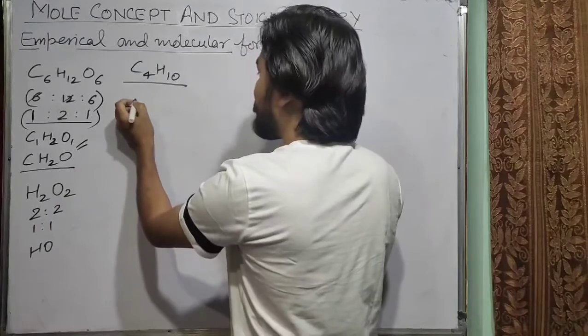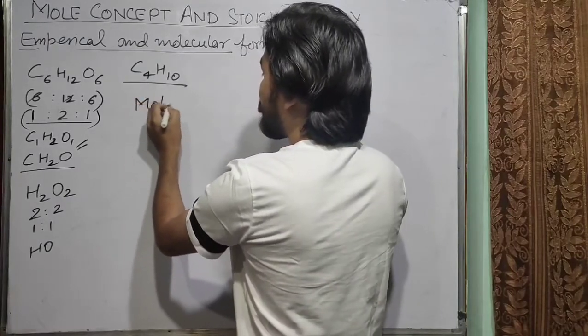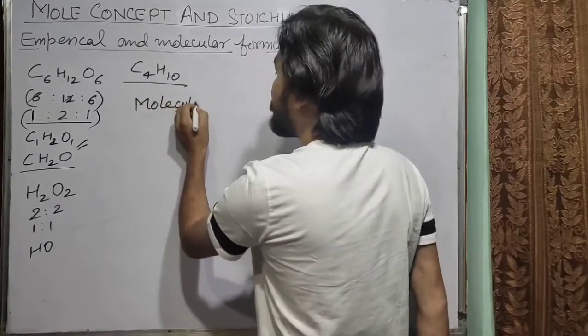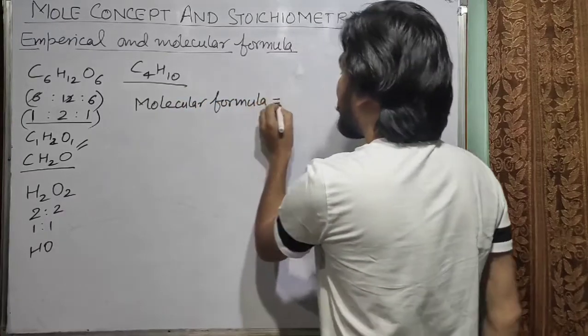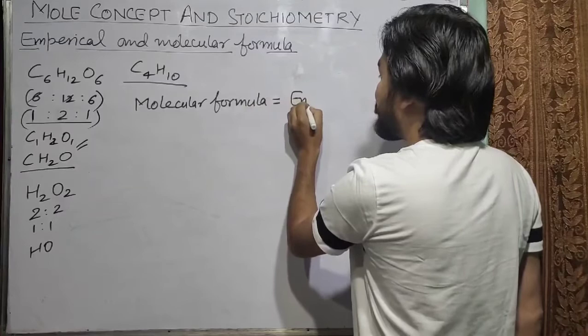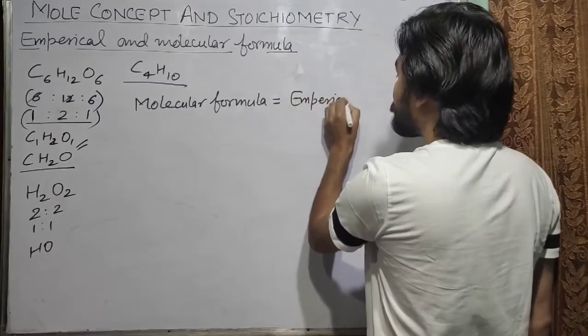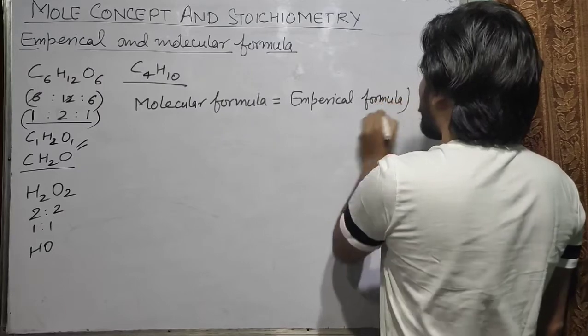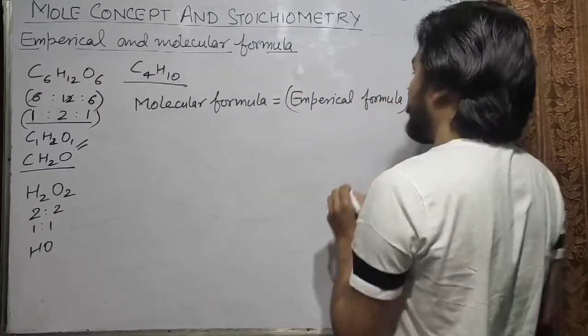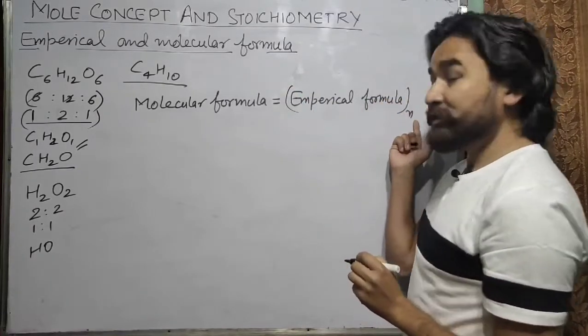So to calculate the molecular formula from empirical formula, molecular formula is given by empirical formula whole n. Now what is the meaning of this n?